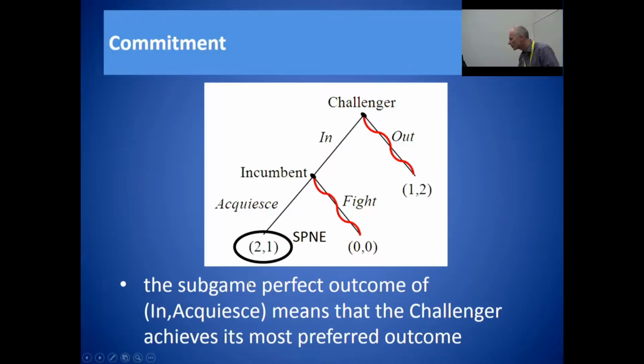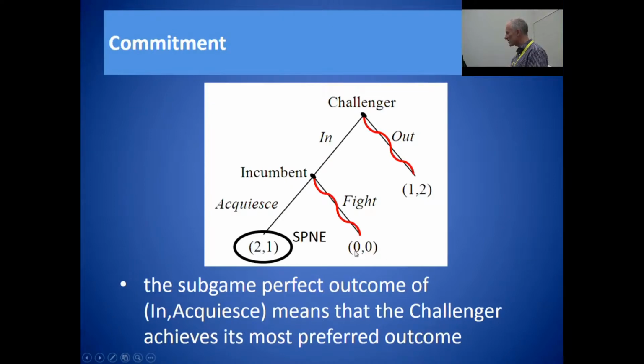But now look at the outcomes. That most plausible outcome in this game, in acquiesce, means the highest payoff, the 2, goes to the challenger. Of all the outcomes that the challenger could get, the one that we observe is the challenger's most preferred outcome. He gets 2 there.